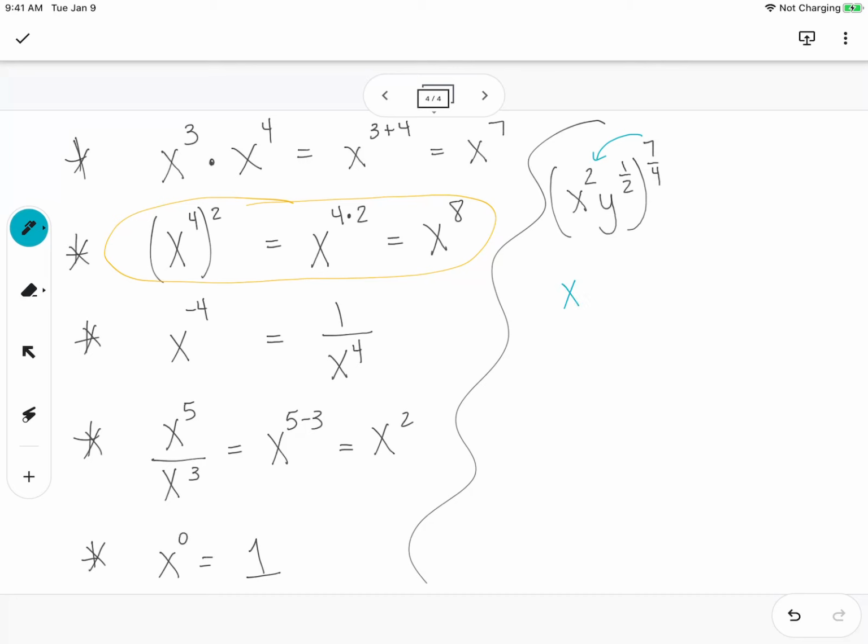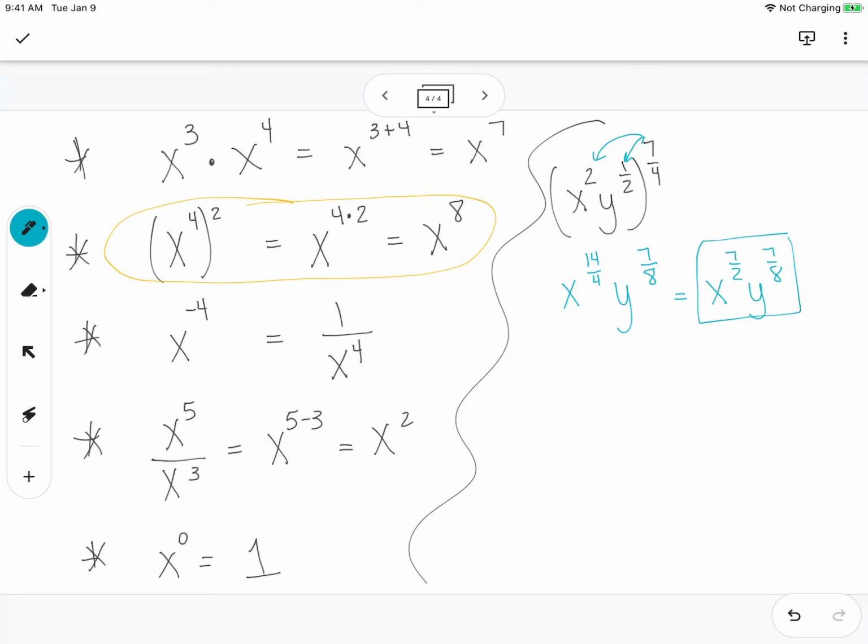So 7/4 times 2 is 14/4, and we'll reduce that in a minute. Multiply 1/2 and 7/4, that gives you 7/8. If you can at all possible, make sure you reduce your fractions. So this would be 7/2, and this would be 7/8 would stay, and that would be your answer.